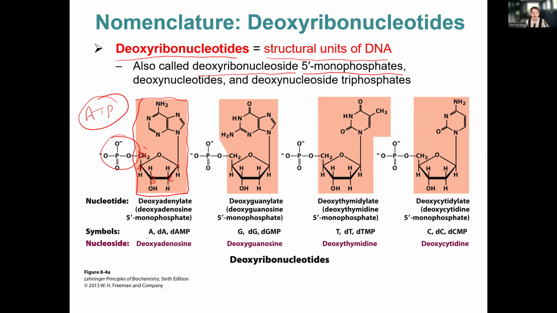And so there are the deoxyribonucleotides: there's the adenylate, the guanylate-based, thymidylate-based, and cytidylate-based deoxy with the deoxy sugar. It's missing its OH.